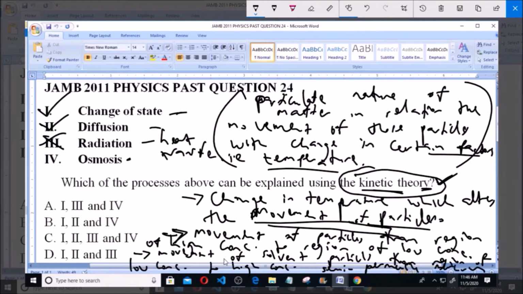Now, similar to diffusion, it actually has to do with particles, and the factors that we described under kinetic theory, such as temperature, actually affects the rate of movement of these particles. So osmosis can be explained using the kinetic theory. So we have listed 1, 2, and 4 as the phenomena which can be explained using the kinetic theory, and 1, 2, and 4 is option B. So B is the correct answer to this question.